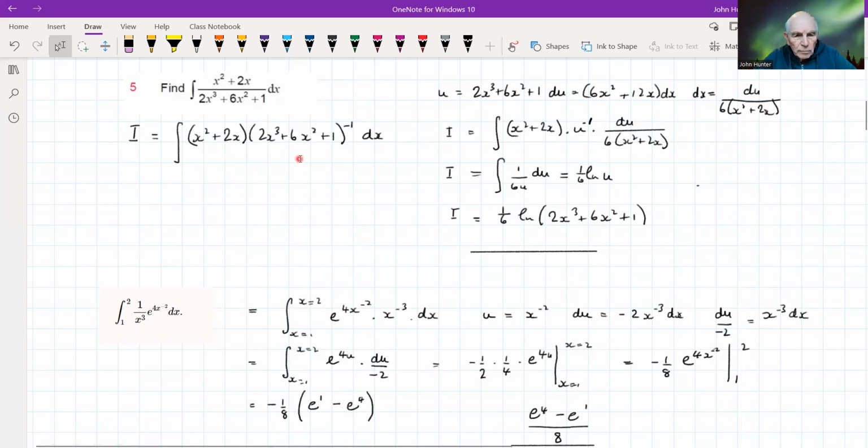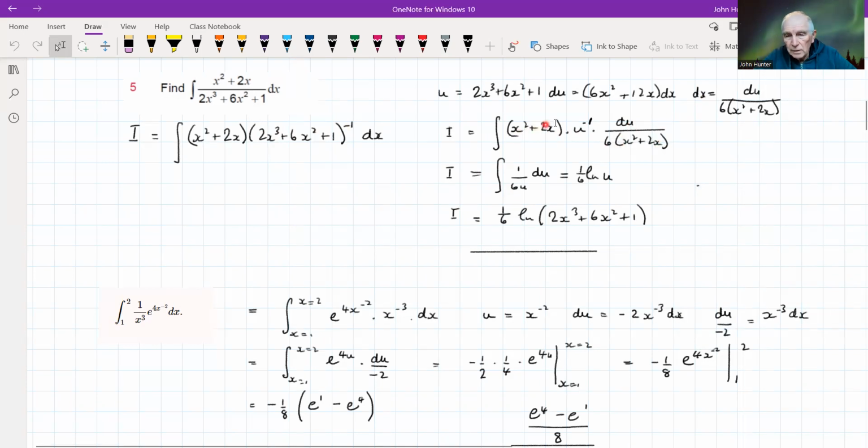So if we rewrite our integral, we've got x squared plus 2x from there. This is u, it's u to the power of minus 1, so that's that. And then we substitute our dx for this, du over 6 times x squared plus 2x.